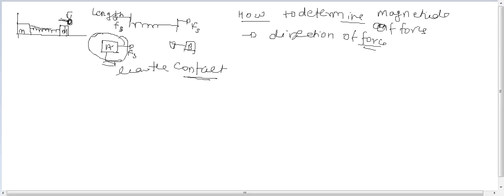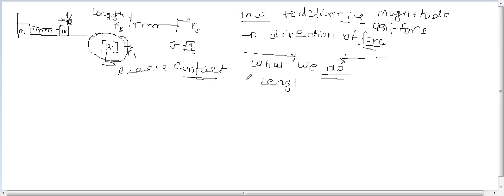So what do we do to find it? First we determine the change in length of the spring, and by this we determine the magnitude.